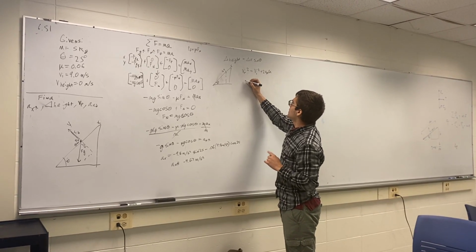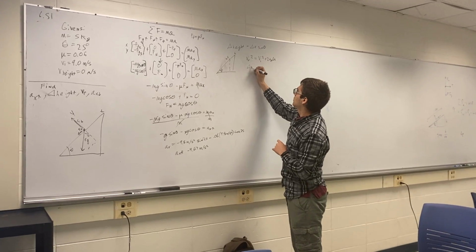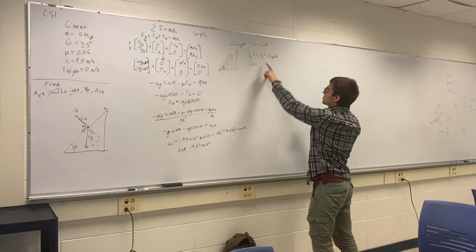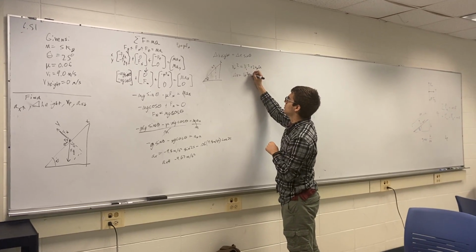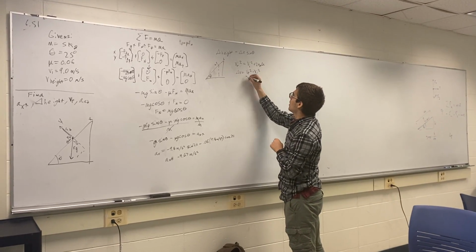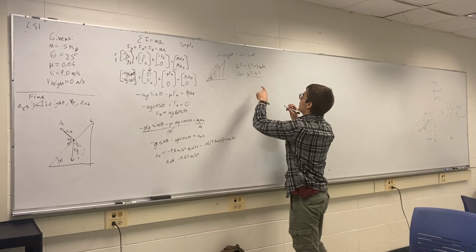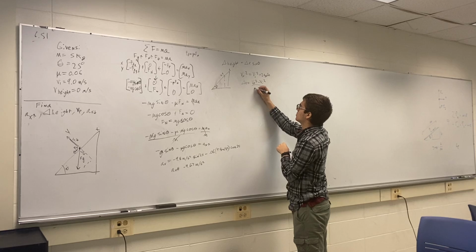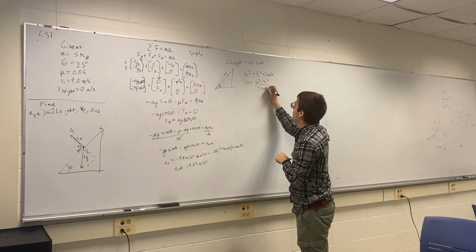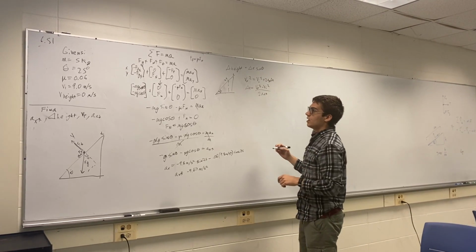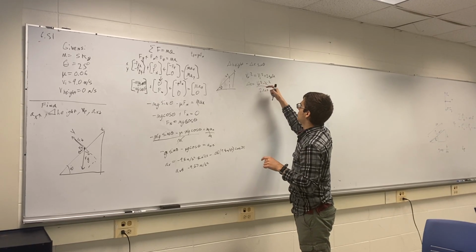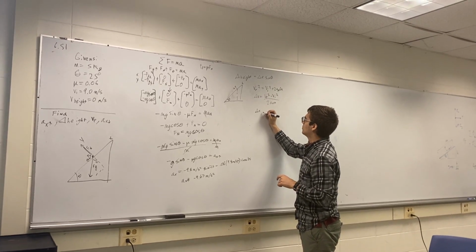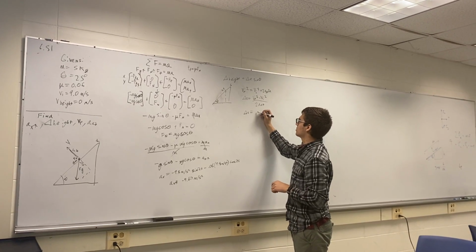Then we need to isolate that, so we move velocity initial to the other side of the equation and then divide by 2a_x. Good. This v_f is actually going to be our v height, so we can plug in all our numbers now.